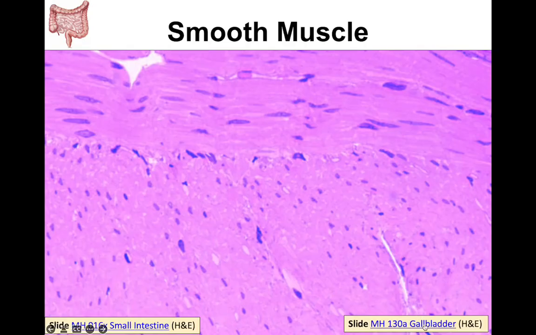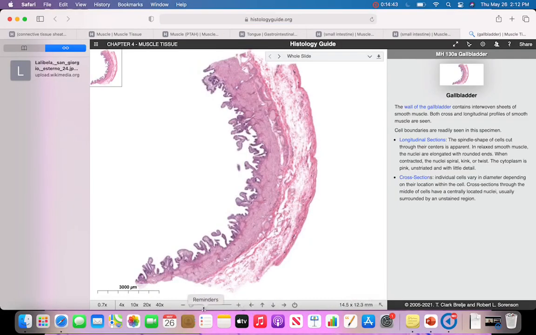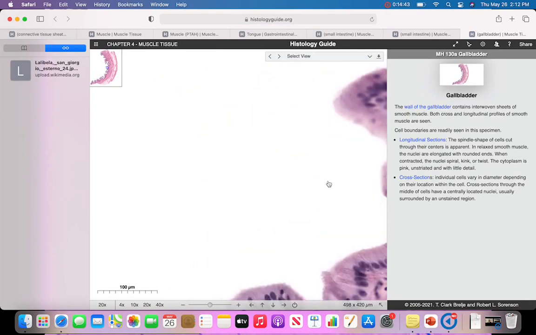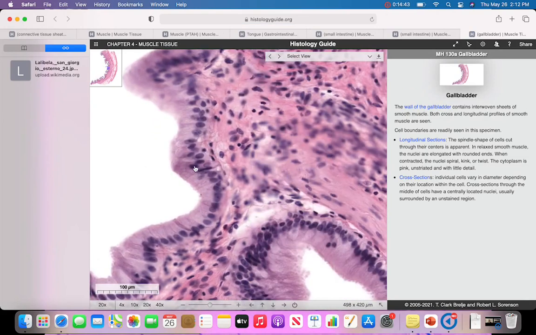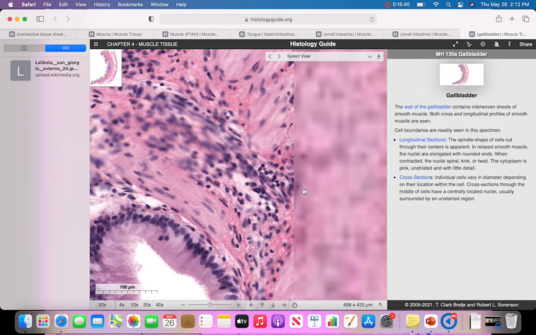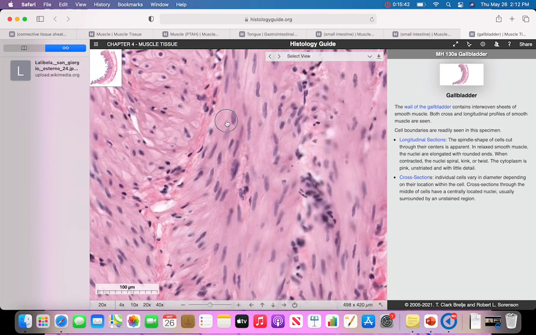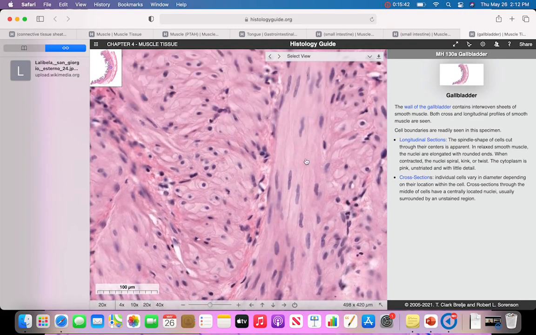We have also a section from gallbladder. Here in gallbladder, the two layers are not clearly demarcated, but here we have a longitudinal section, and here there is a transverse section.